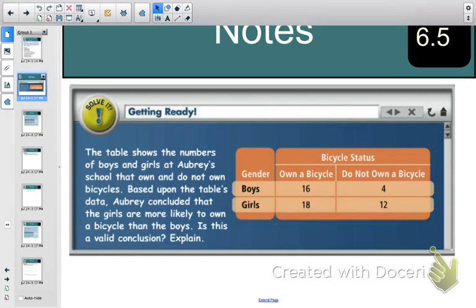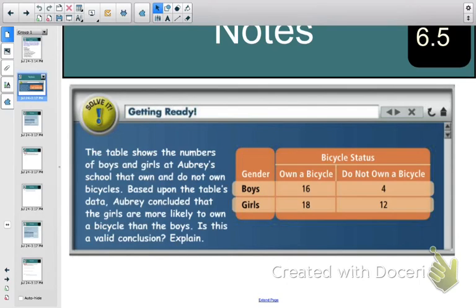Okay, so looking at this table, it shows the number of boys and girls at Aubrey's school that own and do not own bicycles. Based upon the table's data, Aubrey concluded that the girls are more likely to own a bicycle than boys. Is this a valid conclusion? Explain. If you look at this table, 16 boys own bicycles and 18 girls own bicycles. She's saying that the girls are more likely, probably because she's just looking at that number. 18 is bigger than 16.